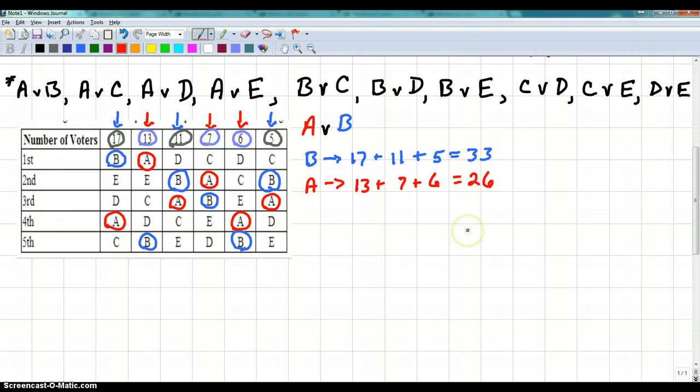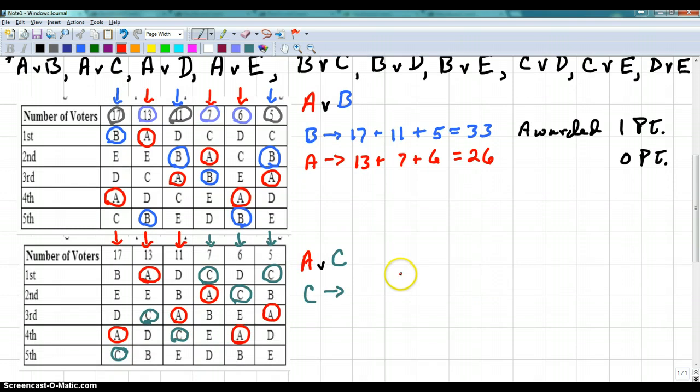Now we'll note that in this particular case, B wins, so B is awarded 1 point and A is awarded 0 points. So now we know that B has 1 point, A has 0.